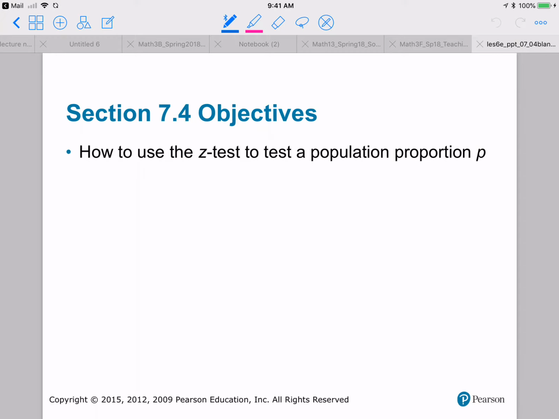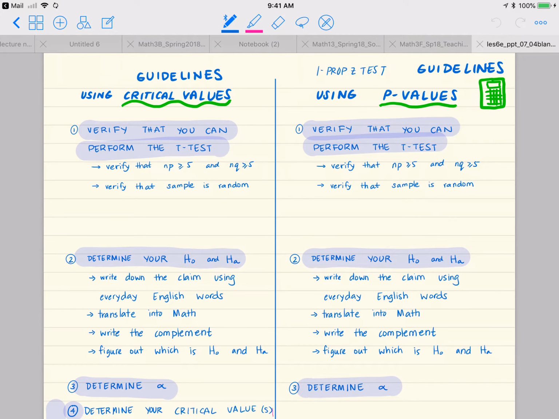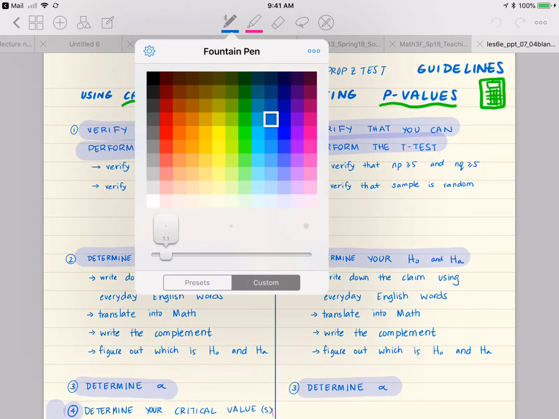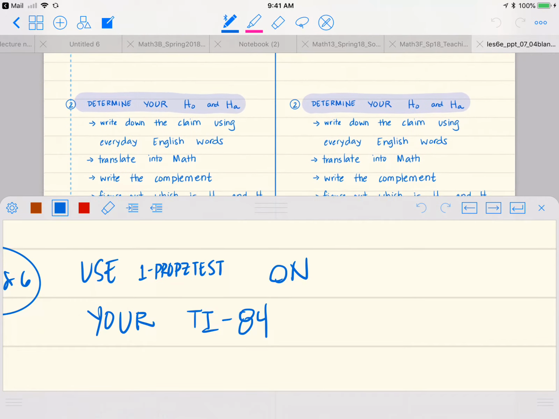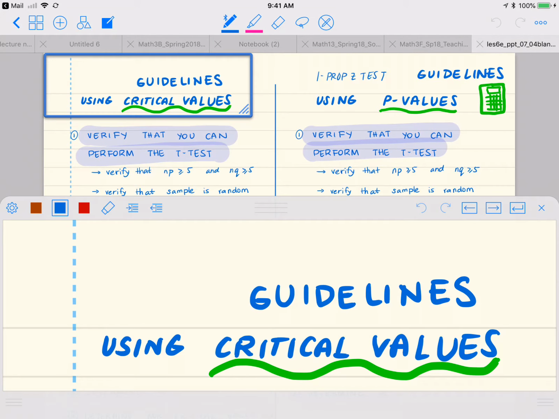Now I have written here the two different methods. Both of these are for doing a one proportion hypothesis test.